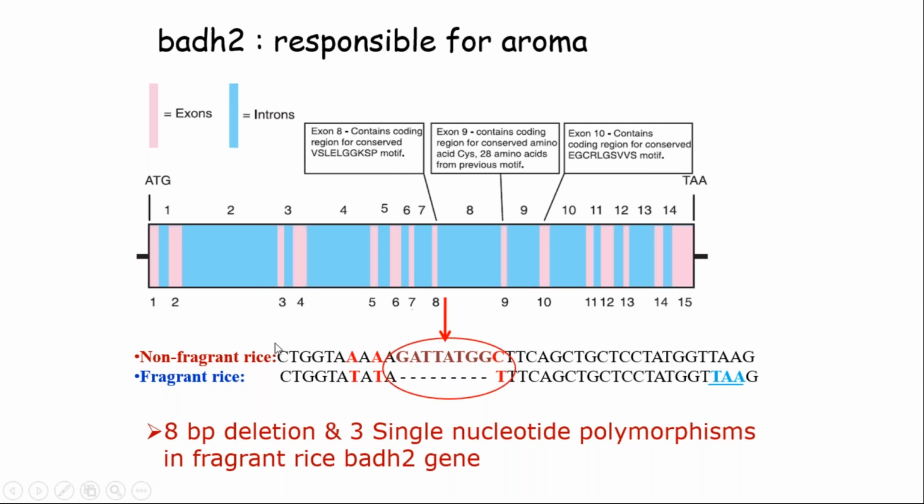So this sequence of the fragrant rice is unique, and it differs from the non-fragrant rice. Therefore, we can try to amplify this sequence. If we design primers to amplify this sequence, we will see it only in basmati rice, and we will not see it in the non-basmati rice.